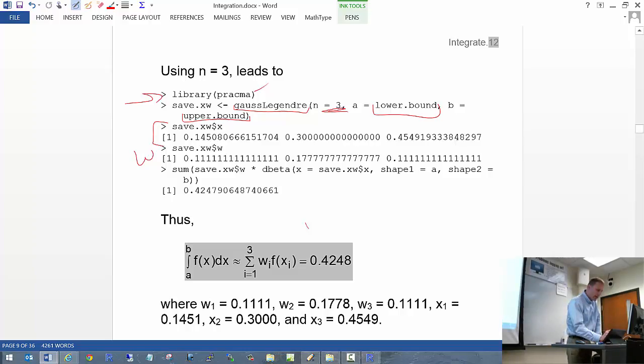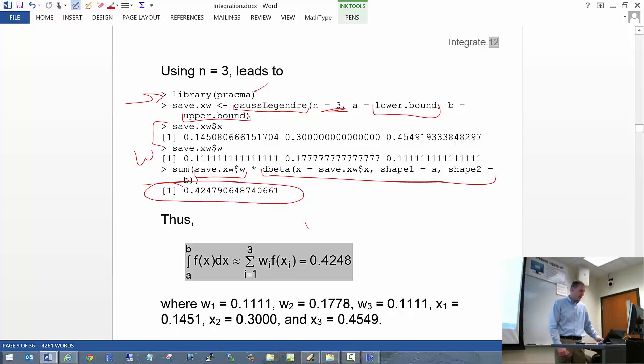And so now if I were to take the sum of all these weights times my dbeta function evaluated at those x values, I get my approximate value of my integral, which is very similar, 0.4254, which is what we got before. So you can see how accurate this is. I think it's really cool that all I'm doing is I just need to be able to evaluate my mathematical function, multiply it by some weights, and I got the integral.